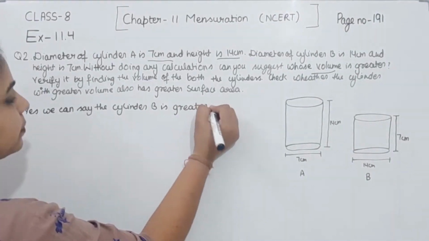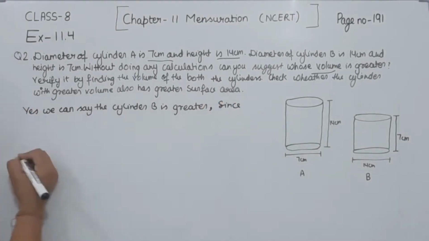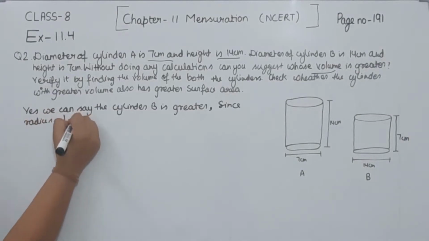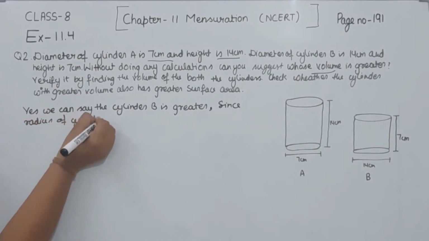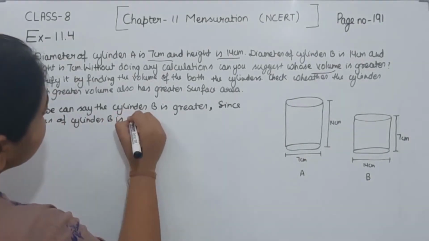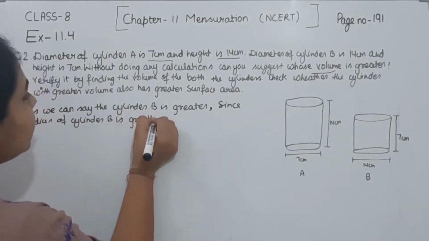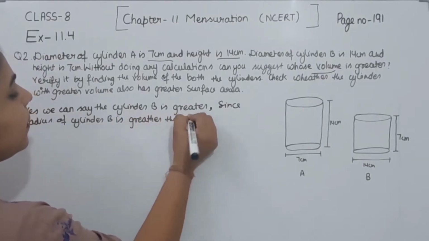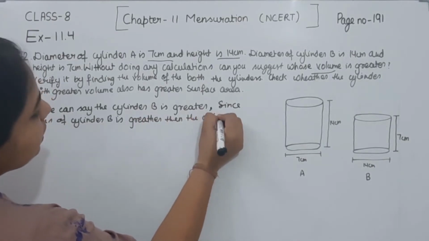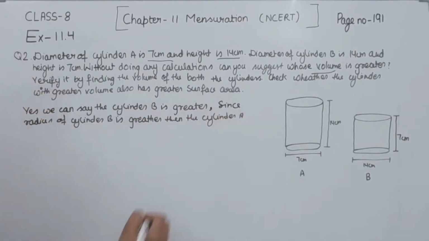Since the radius of cylinder B is greater than cylinder A. So this is the answer we have for part 1.